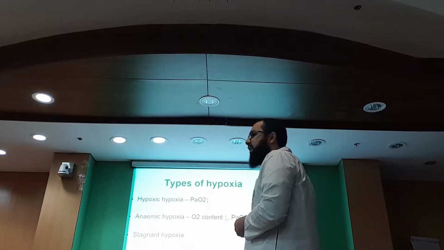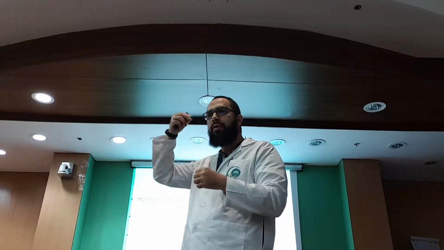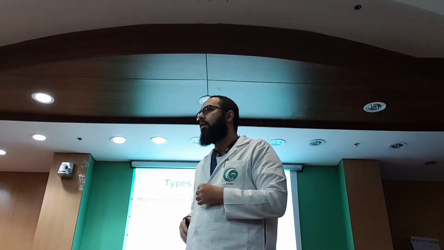So stagnant hypoxia. So the blood stays in, let's say, let's talk about any organ, the kidney. The blood reaches the kidney. There is not enough blood pressure, so the circulation is slow. It's not going back to change with the new oxygen. It is just staying a longer time in the kidney.